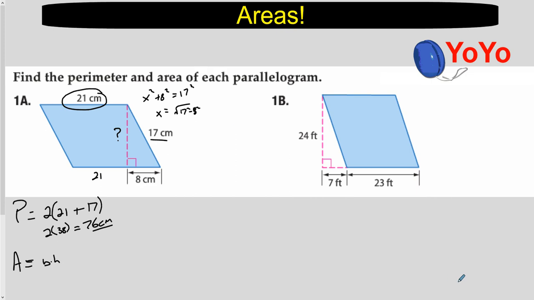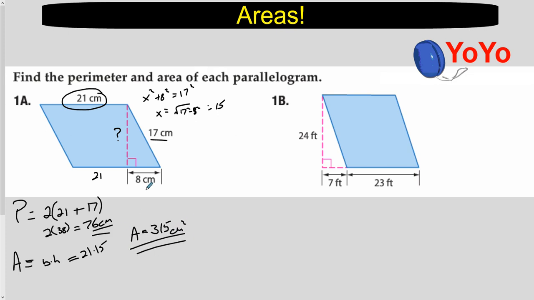It's definitely a calculator question, so I'm going to go square root of 17 squared minus 8 squared. Make sure all of that is inside the parentheses of the square root, and you end up with 15. So the base is 21 times 15, which makes our area 315 centimeters squared.